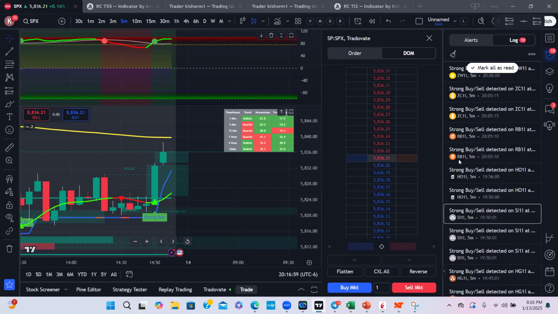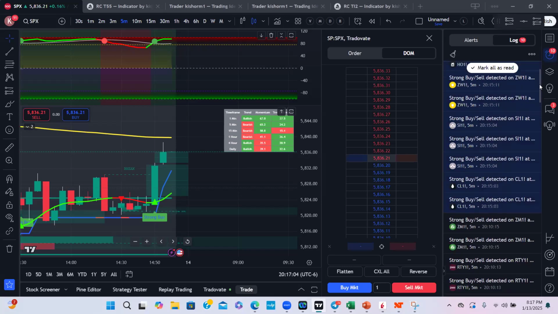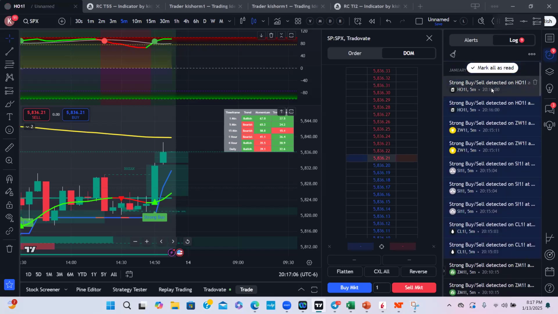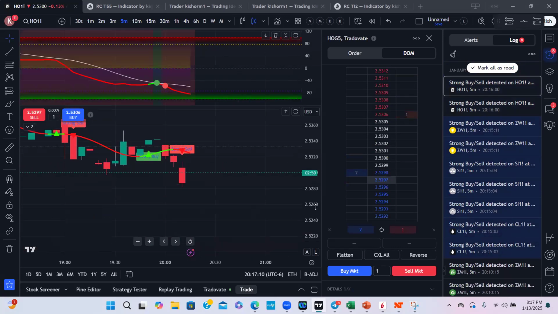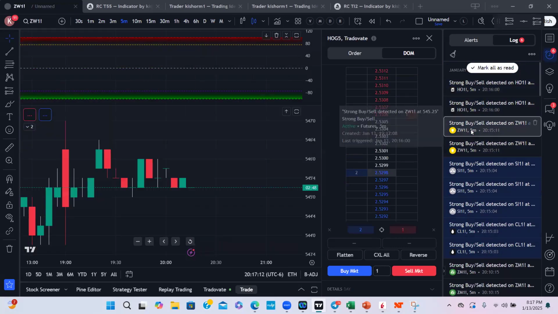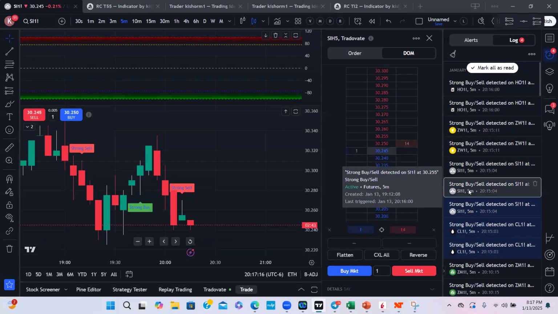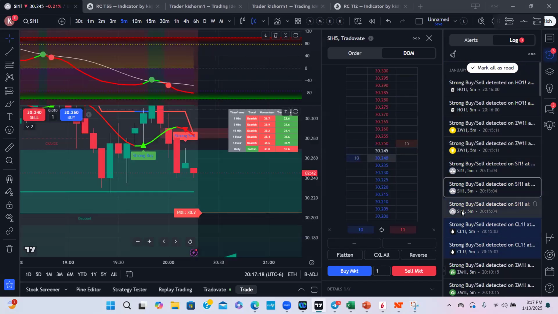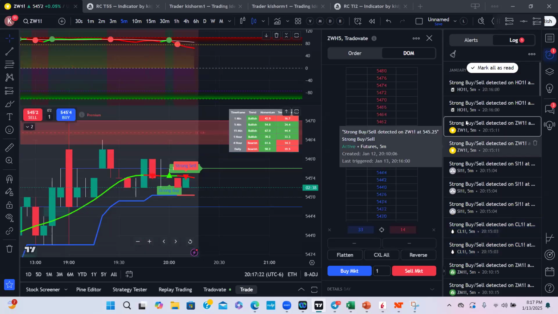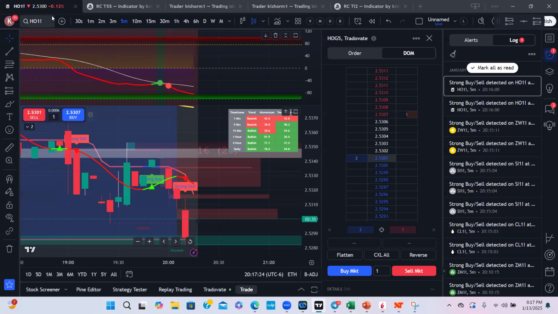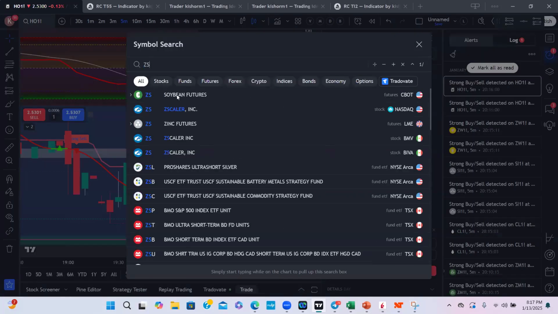Okay, VS. Waiting for the alert. So until you receive an alert, don't take any trades.